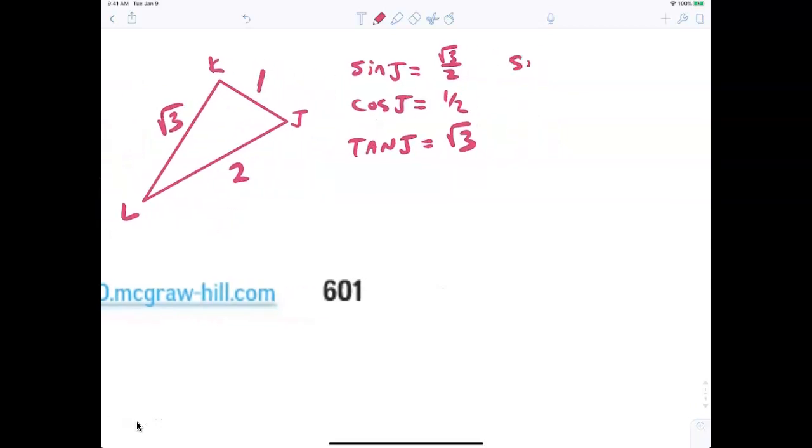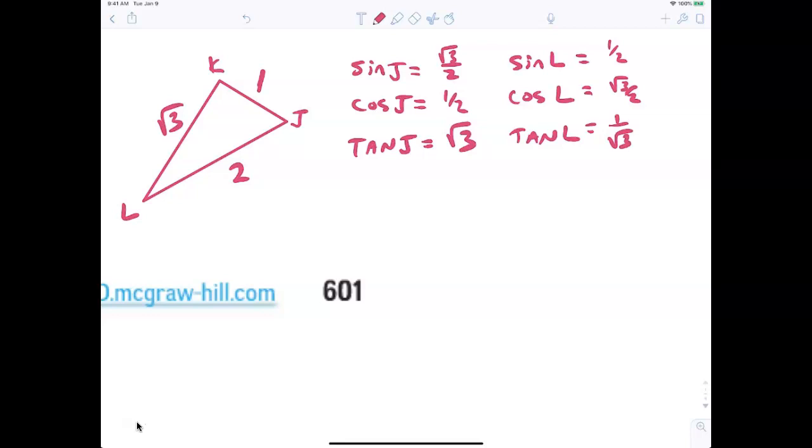So now we're going to do sine of L, cosine L, tangent of L. All right, somebody tell me what the sine of L is. 1/2. Cosine L. Radical 3 over 2. Tangent of L. 1 over radical 3.